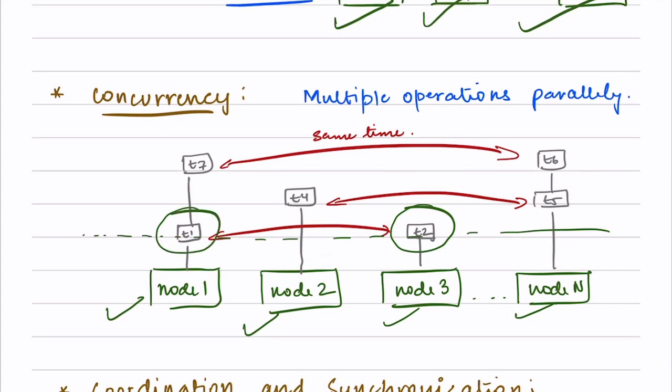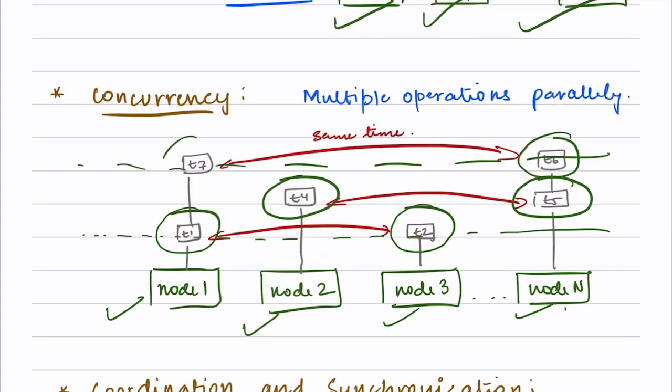T1 and t2 are tasks. They are performed at the same time, node 1 independently and node 3 independently, so they are done in parallel. Similarly, node 2 and node n are doing t5 and t4 at the same time, and node n is doing t6 at some time interval while node 1 is doing t7. So this is done at the same time instance with different nodes in parallel. This is concurrency in distributed systems.